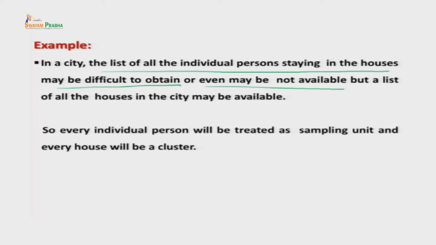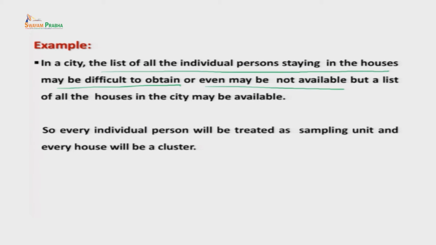Suppose I take a city and there are 5,000 houses. Now, if I ask you whether you can create a sampling frame of all the people who are staying in those 5,000 houses, practically I will say it is difficult. It is not impossible, but it is difficult.